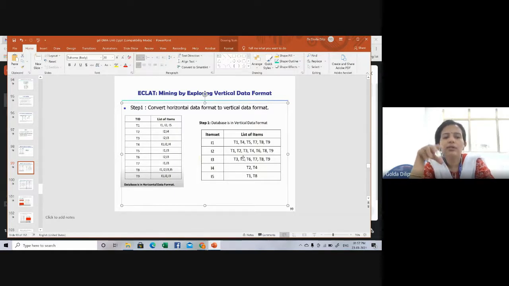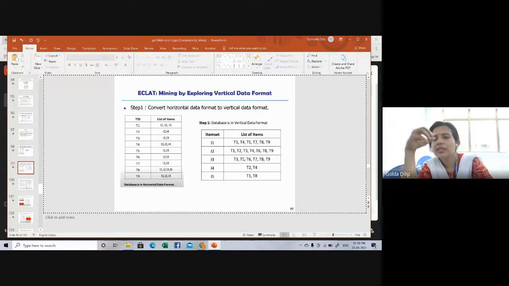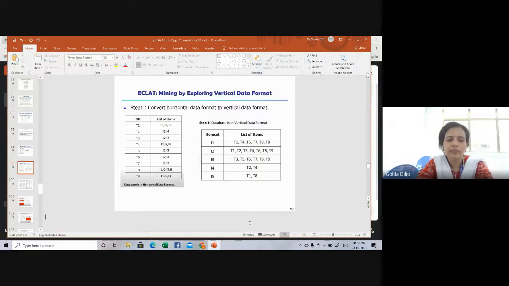So instead of the count of items, you are required to mention in which transactions it is appearing. For example, I2 is appearing in transactions T1, T2, T3, T4, T6, T8, and T9. Similarly for all the other items.